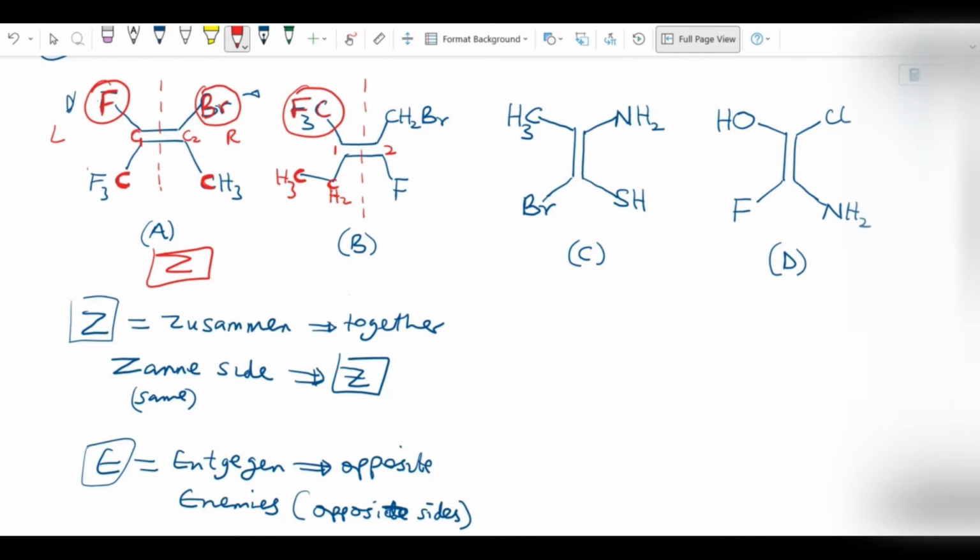On the substituents to the right, we have carbon directly attached to carbon 2 on this group, and here we have fluorine. Fluorine has a higher atomic number than carbon, so the priority group will be this. Because in this case the priority groups are opposite, we'll assign E.